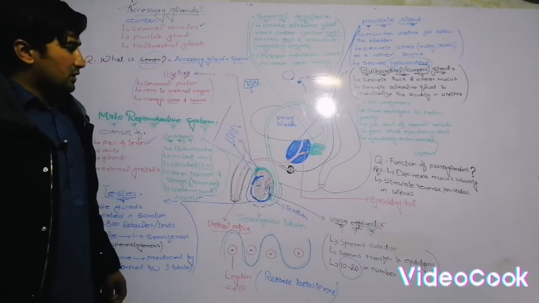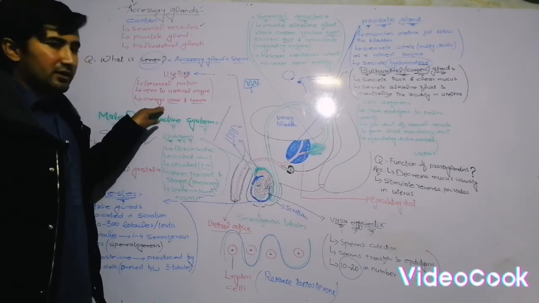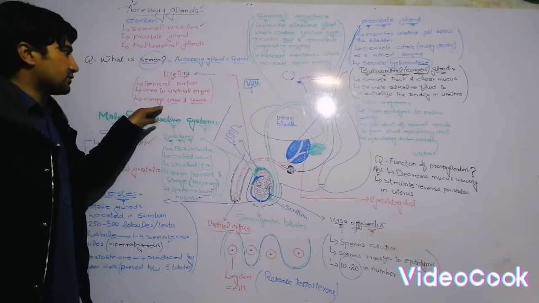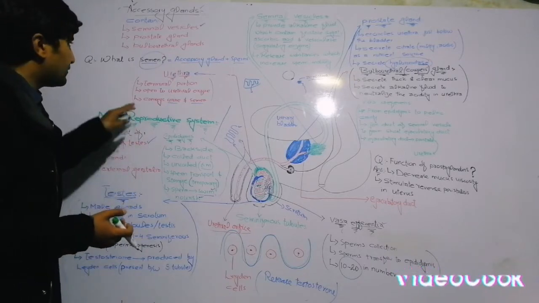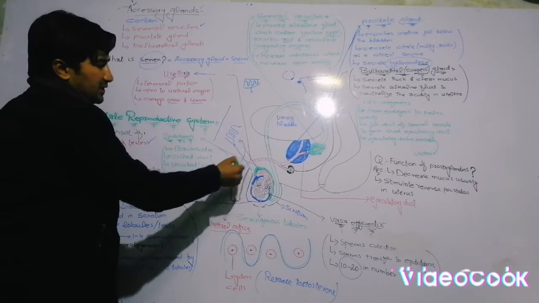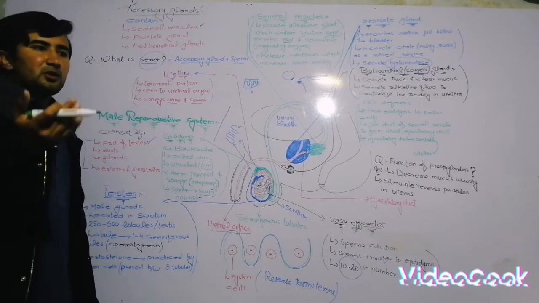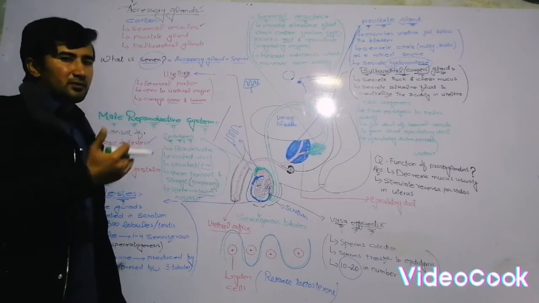Now we are talking about the urethra. The urethra is not on the third number but on the fourth. The urethra is the terminal portion. Terminal means the last portion where the semen and the urine excrete out of the body.